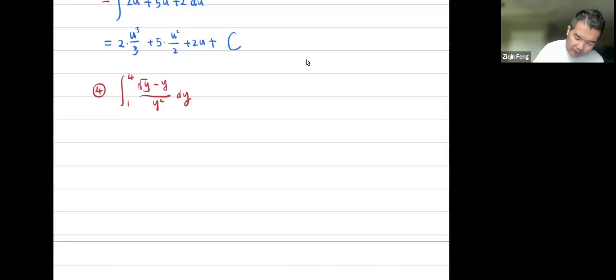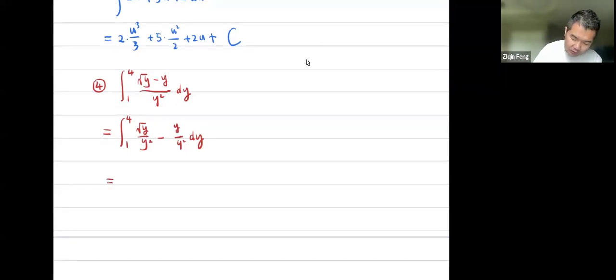This is the integration from 1 to 4 of (root y minus y) over y squared dy, right? Root y over y squared is y to the power of 1/2 minus 2, which is negative 3/2. Then minus 1 over y dy, right?